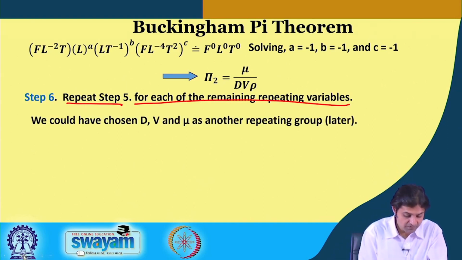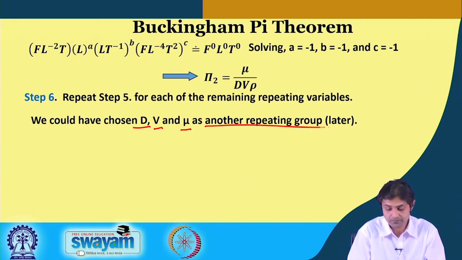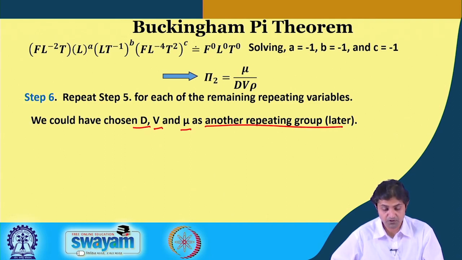In another way, we could also have chosen d, v and mu as the repeating group. It is not only that we had to choose the one that we chose before. Instead of rho, you could have chosen mu as a repeating variable, and rho could have been a non-repeating variable.